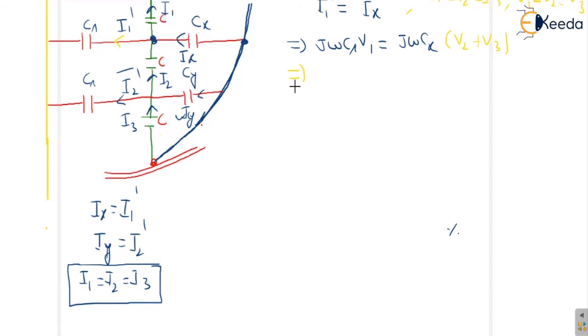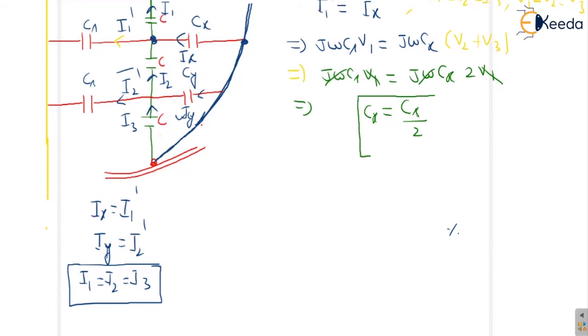So jωCs × V1 is equal to jωCx × 2V1. Clearly jω cancels out, and V1 cancels out, and the value of Cx is nothing but Cs by 2. So we obtained the Cx value.